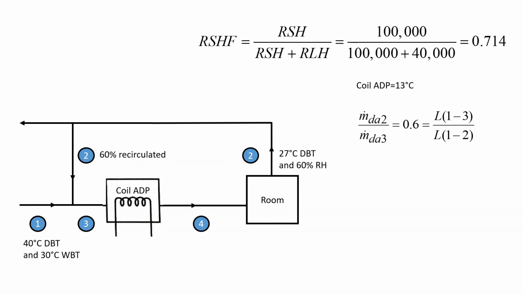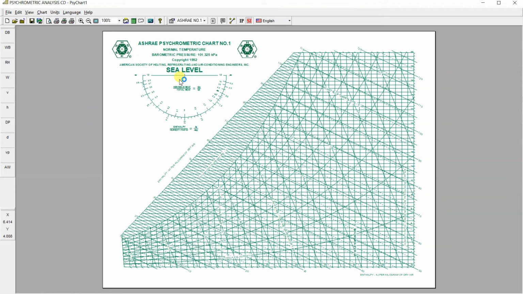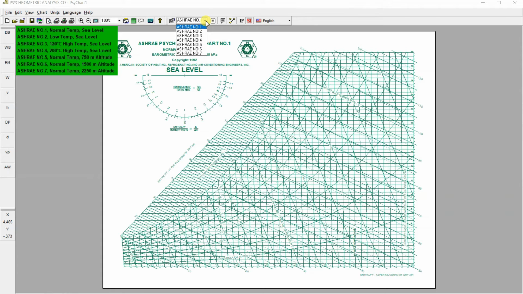Okay, now point number 1 data has been shown here. Point number 2 data has been shown here. Now we will go to ASHRAE Psychrometric analysis software. Okay, this is ASHRAE Psychrometric analysis software, where we have different psychrometric charts. So here you can understand we have 7 charts available.